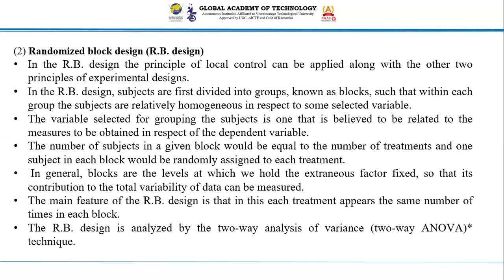The variable selected for grouping the subjects is one that is believed to be related to the measures to be obtained in respect of the dependent variable. The number of subjects in a given block would be equal to the number of treatments, and one subject in each block would be randomly assigned to each treatment.